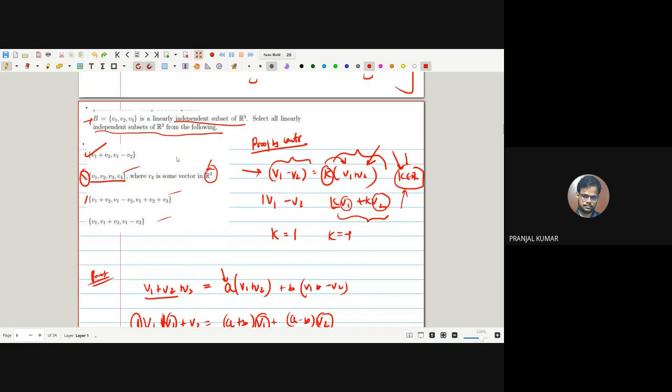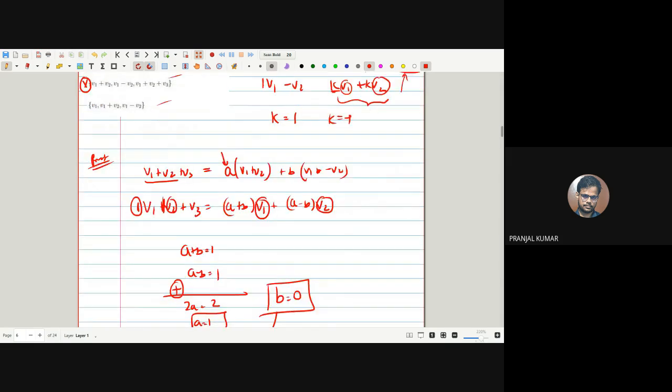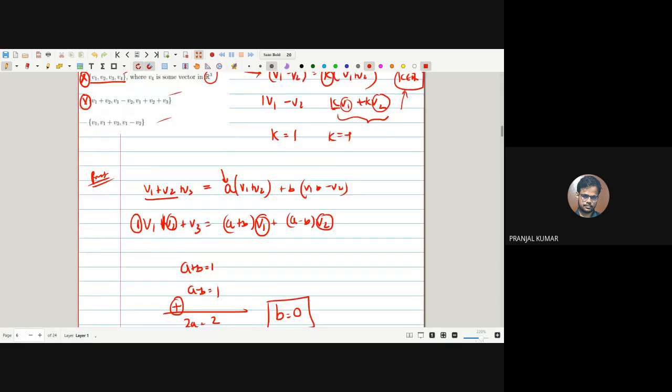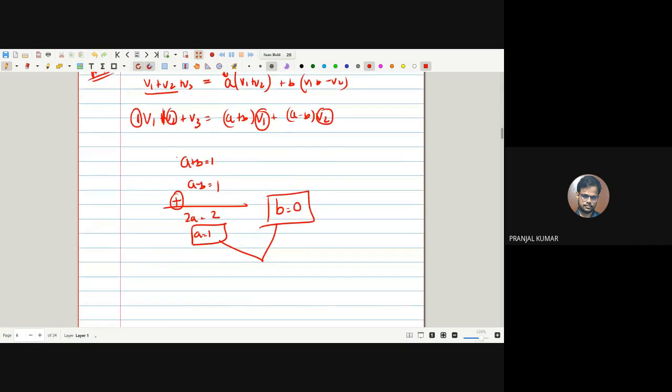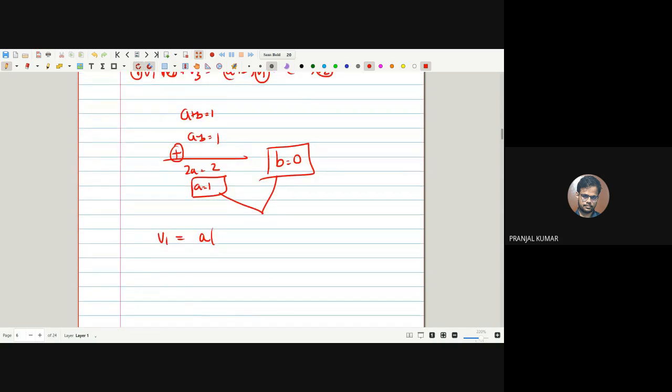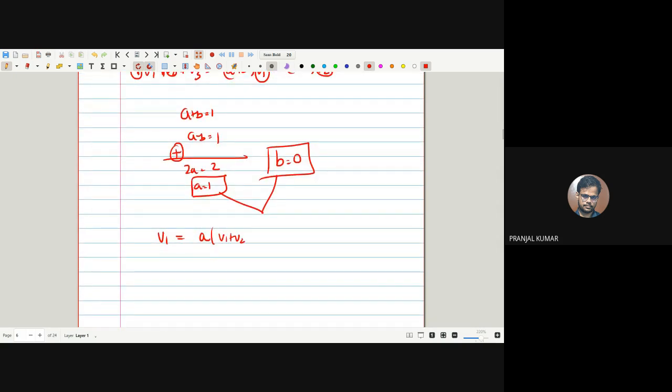Okay, so this option is wrong. What about the last option? Let's check again, because again there are three vectors. We will use the same method. Let's say V1 is a scalar multiple of V1 plus V2 plus B times V1 minus V2.